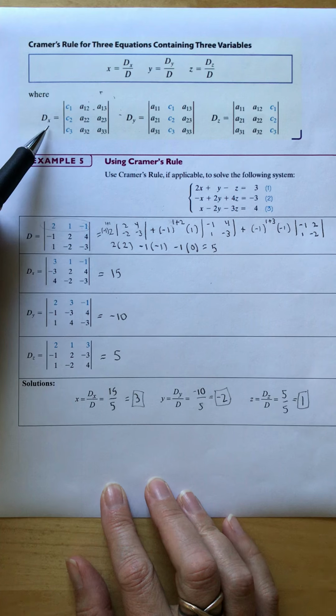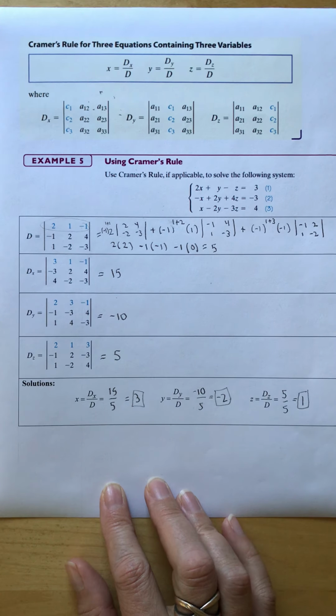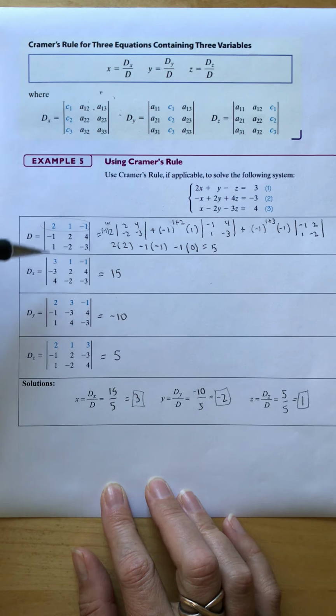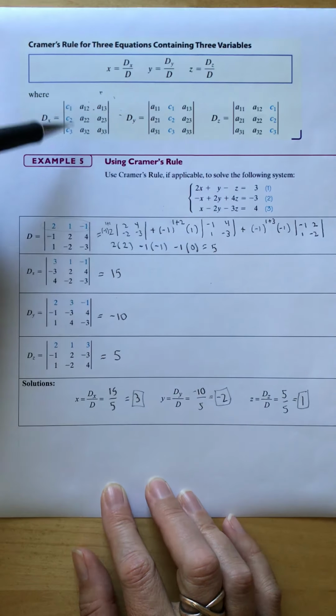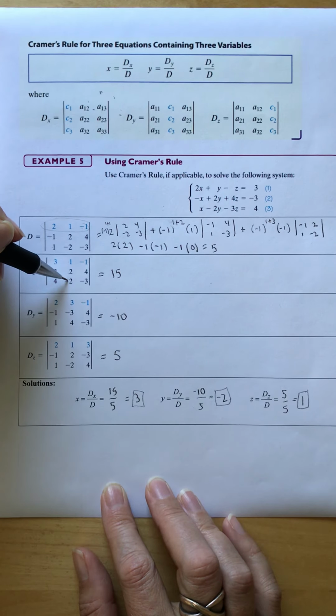This one is going to take, let's see, where's my other Cramer's rule? So this Dx is replacing the x's with the solutions, 3, -3, 4, and then that's the remaining coefficients, 1, 2, -2.